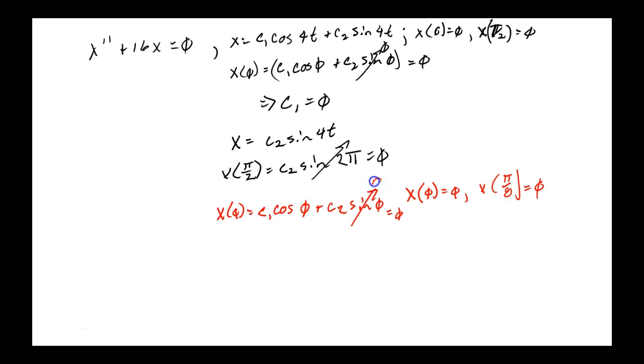Well, sine of 0 is always 0. So that's out of the picture here, and cosine of 0 is 1, so you've got C1 is equal to 0, just like we got before. Okay?